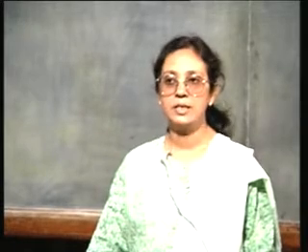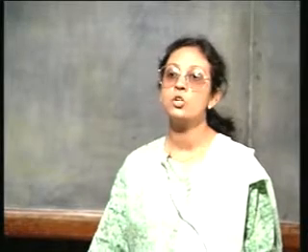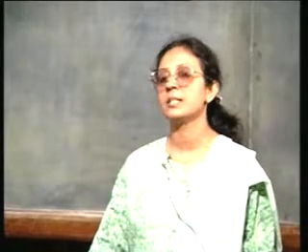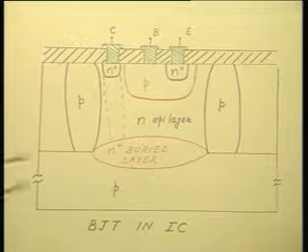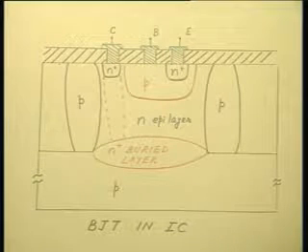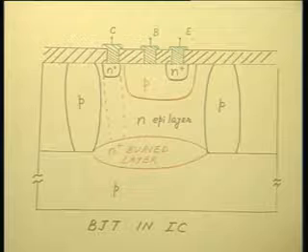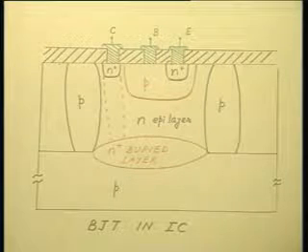Very interestingly, it is not phosphorus, the most widely used N-type dopant material. It is not phosphorus that is used to realize this buried layer, because you see this buried layer formation will be followed up by the epi layer, by an epitaxy, and the epi layer should have a much lower doping concentration than the buried layer.